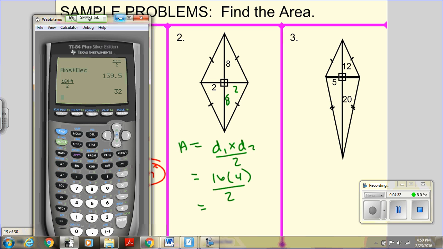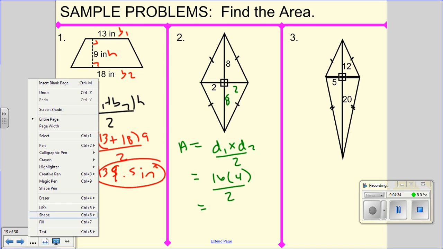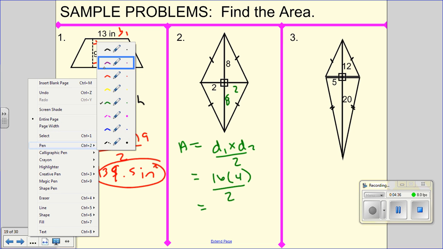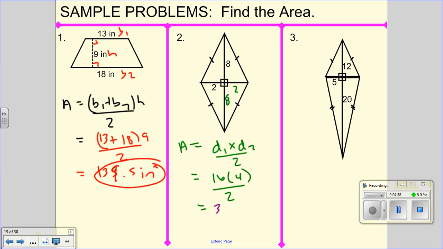It's 32. So it's 32 units squared. Whenever they don't give you units, just say units. I'm sorry, number 2 is a rhombus, not a kite. Regardless, they have the same formula.